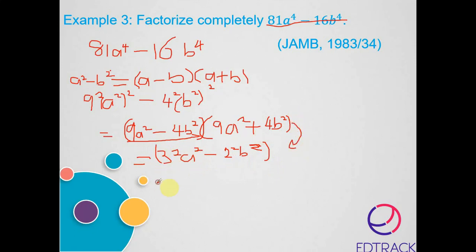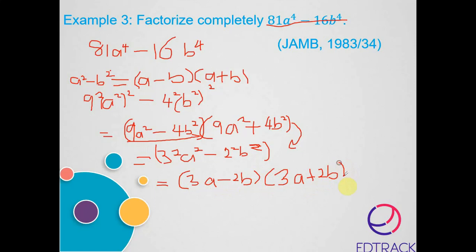Now, if I write this, I will have 3a minus 2b, also 3a plus 2b. Wow, that's great. You get that?